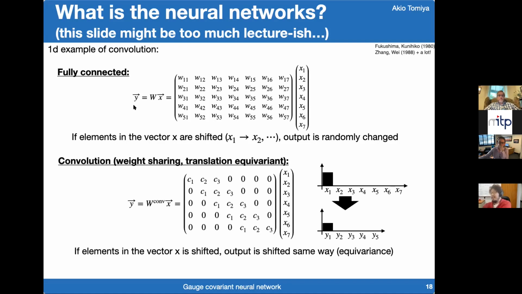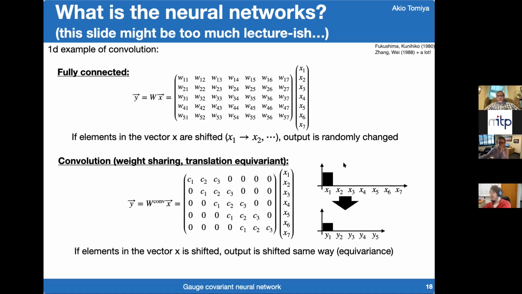On the other hand, this is a convolution. This is a special case of weight sharing and translational equivariance. You can see that this is very sparse, and most of the weights are shared with the same value, band diagonal.